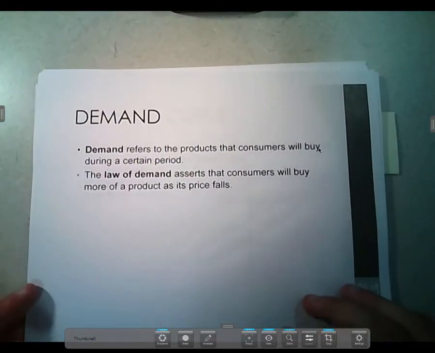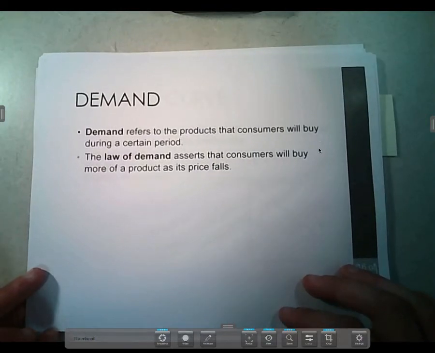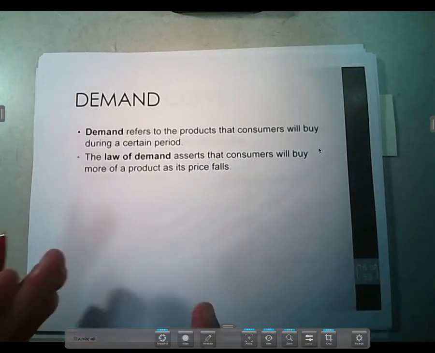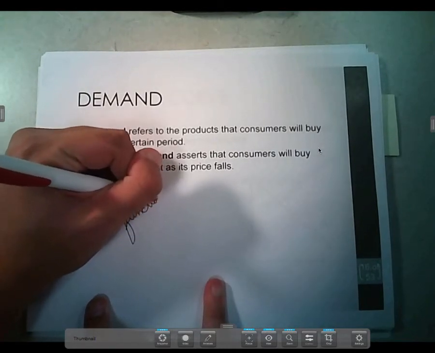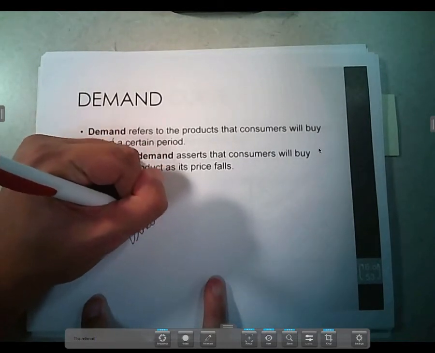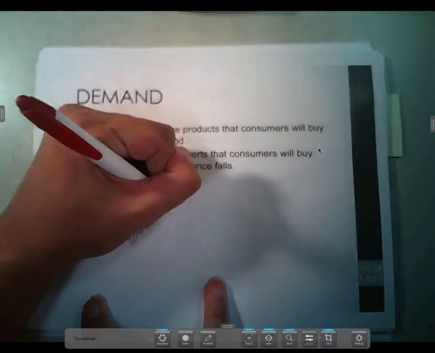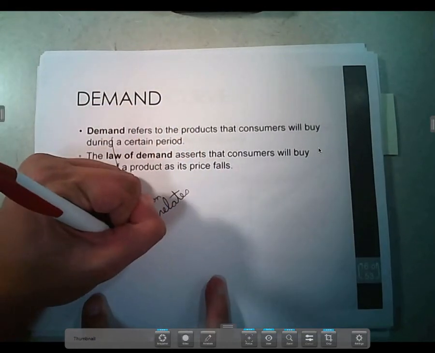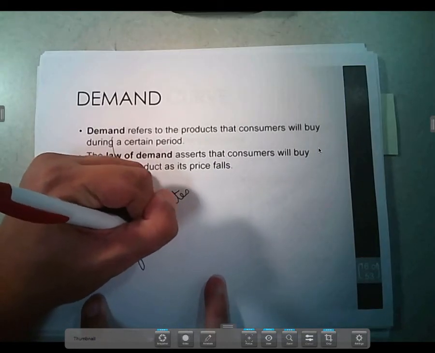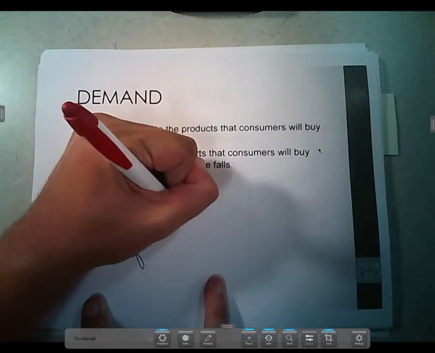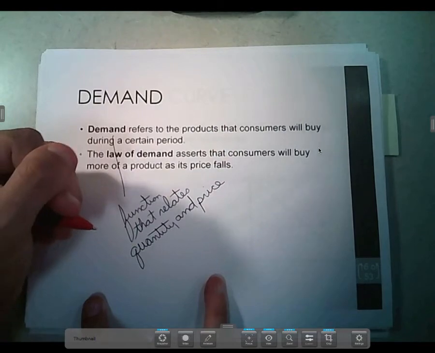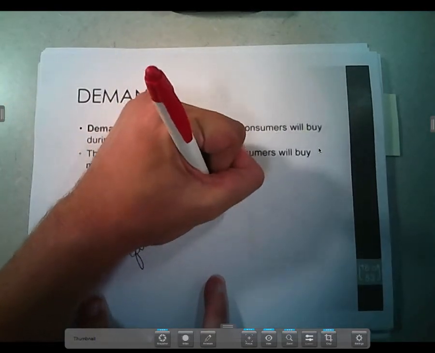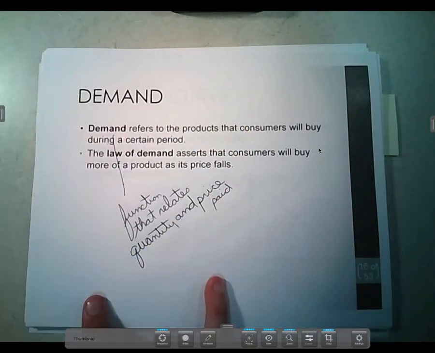And that leads us to our demand curve. The demand curve is a function that describes the relationship between the quantity of the product and the price that I'm paying.